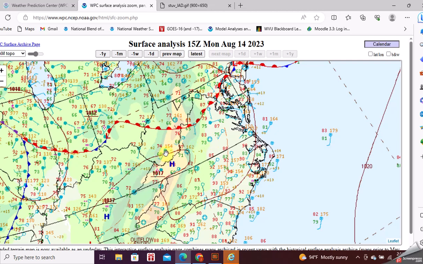Now that we've come to that part, what about the wind? This arrow, this barb right here is your wind. So think of a compass going around here. 360 degrees is due north. 180 is due south. 270 is due west. 90 is due east. This always represents a direction on a compass.